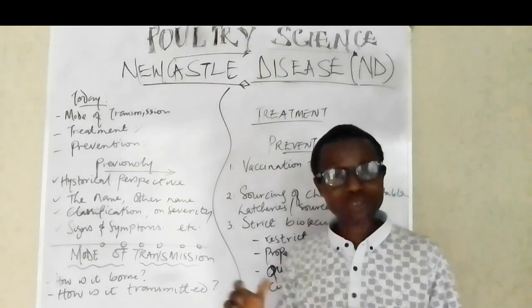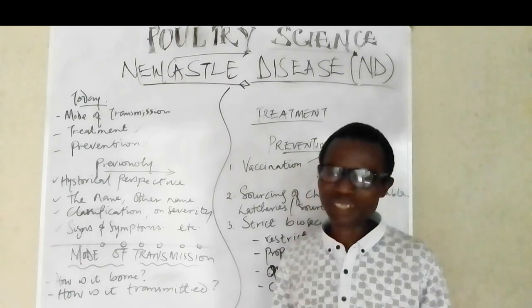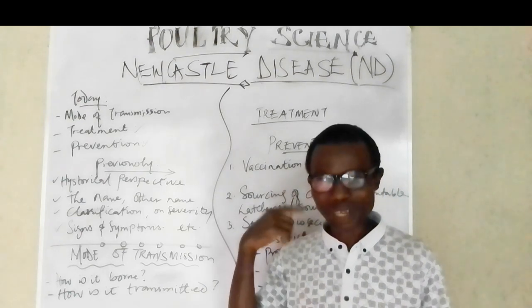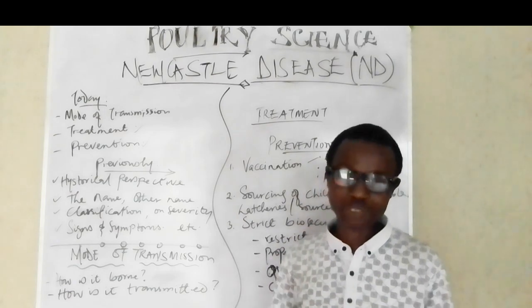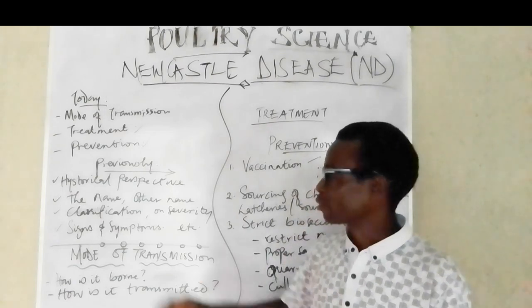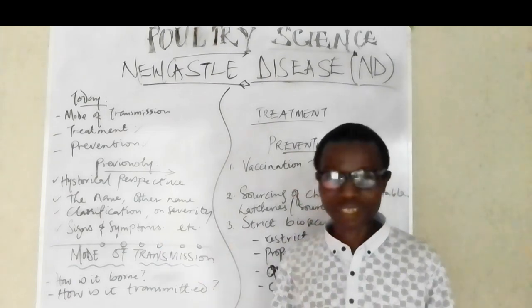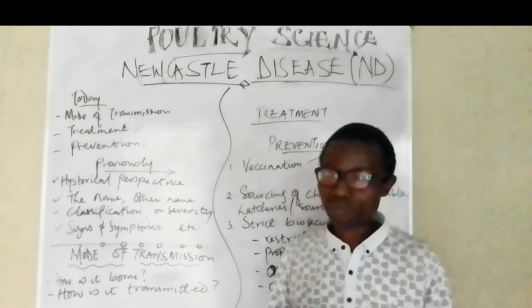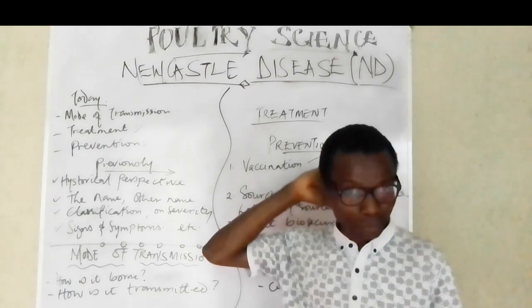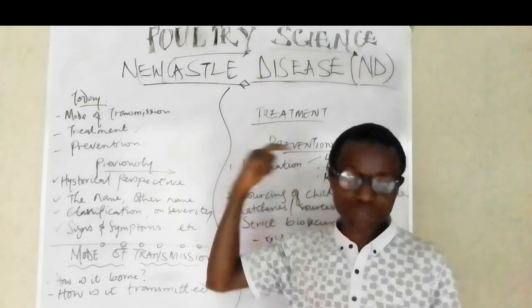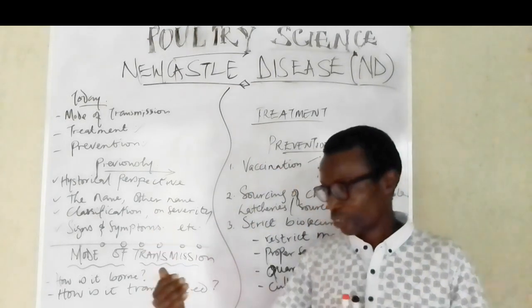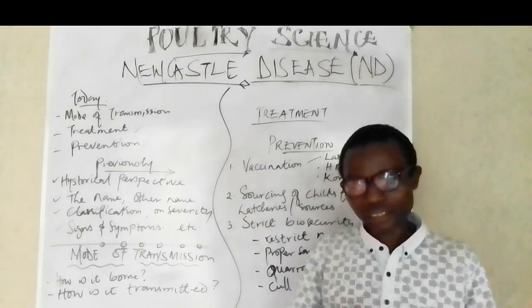If you missed some of the ailments, I've done over 7 of them, please go to the previous videos, scroll back, you'll see some of those videos, quite interesting. So it's actually pneumoencephalitis. Pneumo has to do with the lungs and encephalo has to do with the brain and also the central nervous system. The -itis means inflammation of the brain and the lungs.